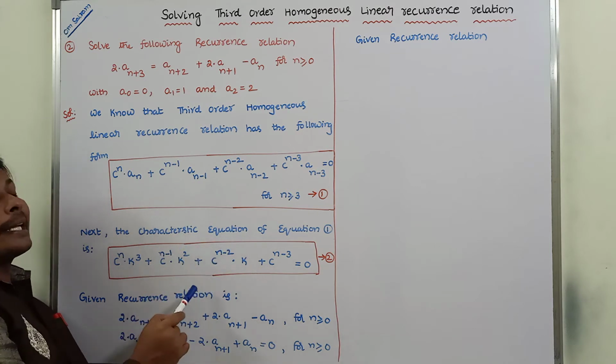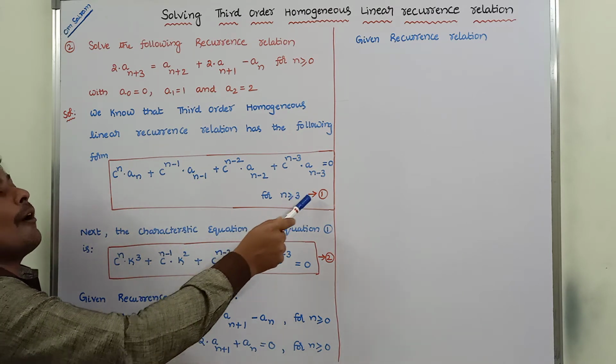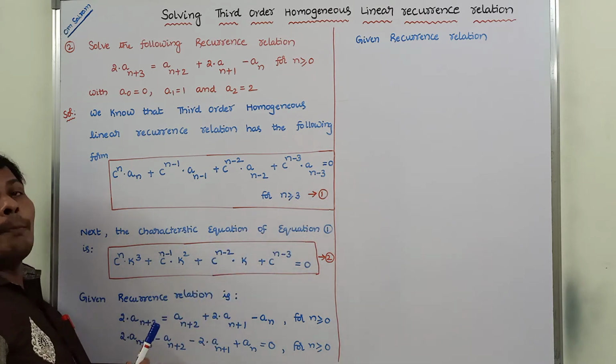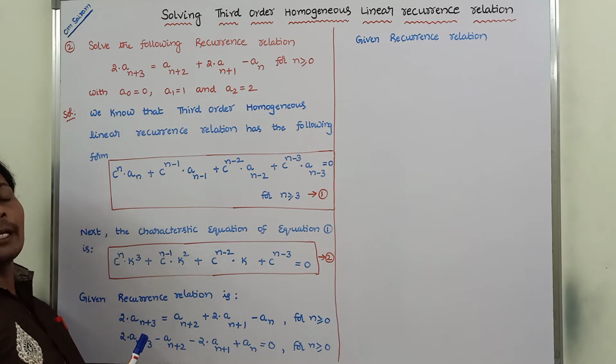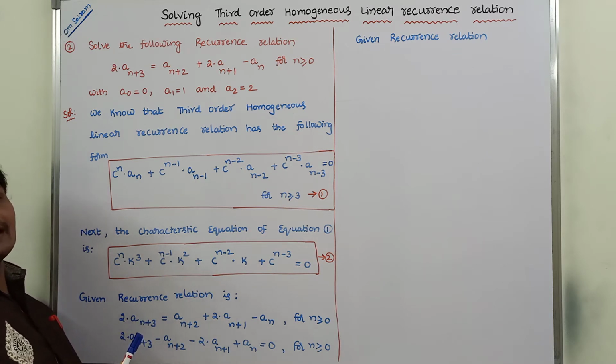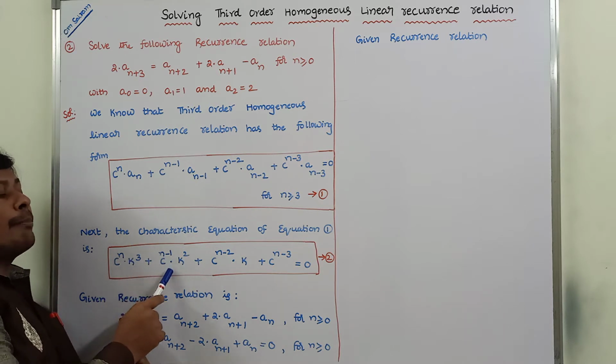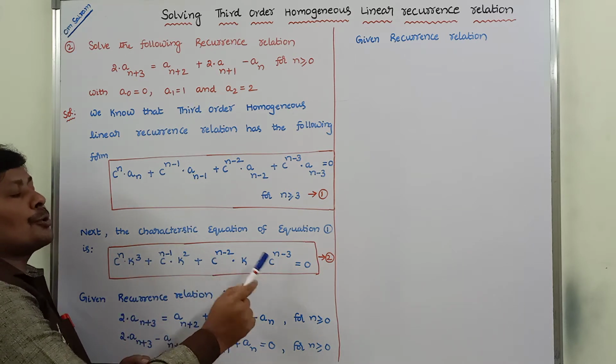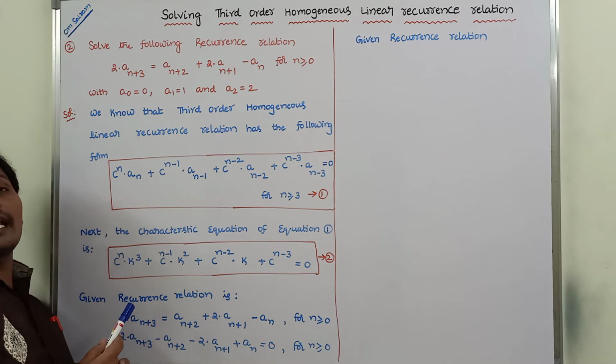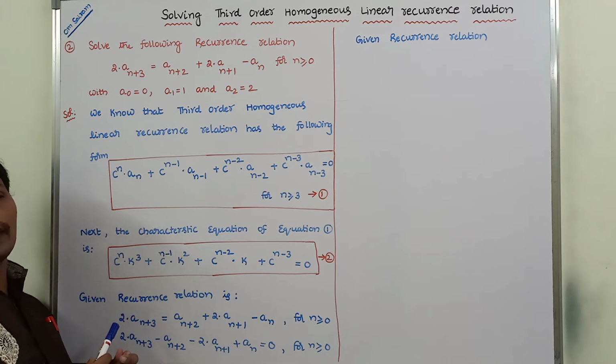So this is the characteristic equation of the general form of the third order linear homogeneous recurrence relation, where c power n, c power n minus 1, c power n minus 2 and c power n minus 3 are called the constant coefficients. Okay.